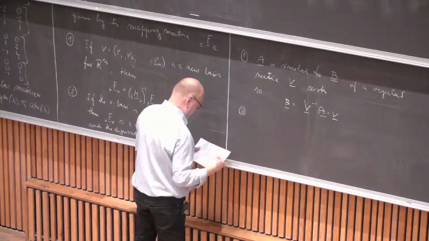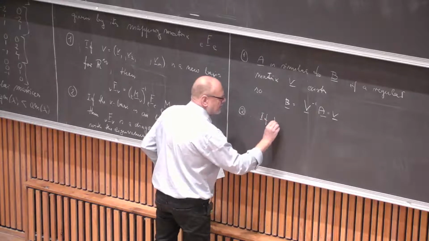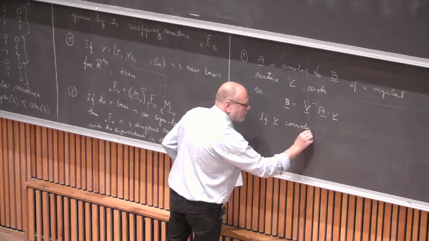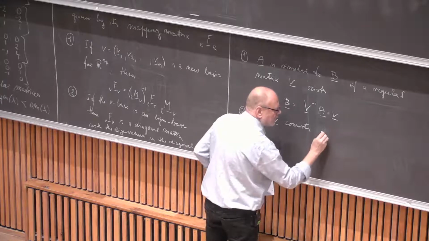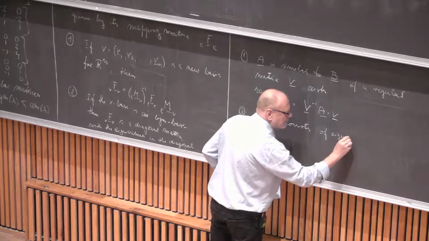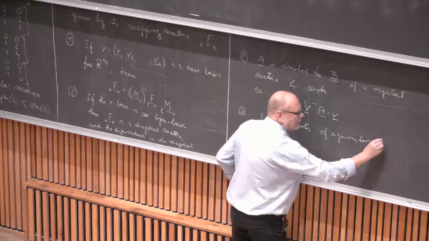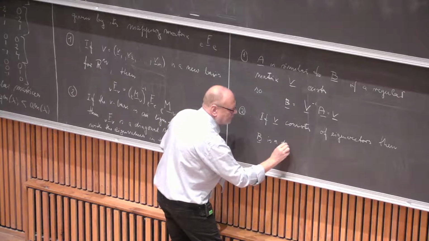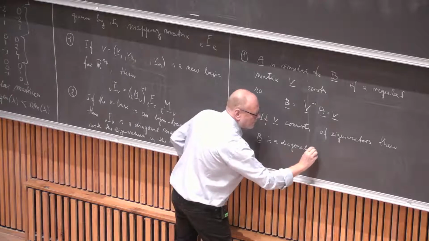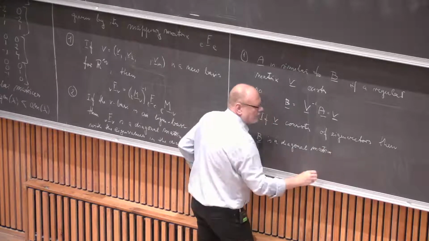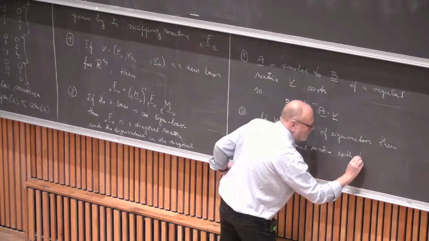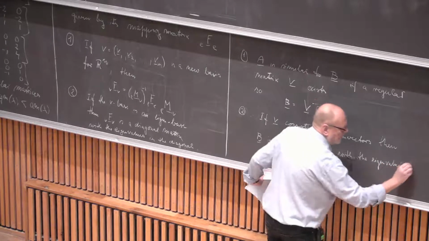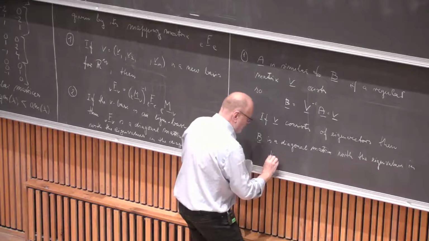And here, if the matrix V consists of eigenvectors, then the matrix B is a diagonal matrix with the eigenvalues in the diagonal.